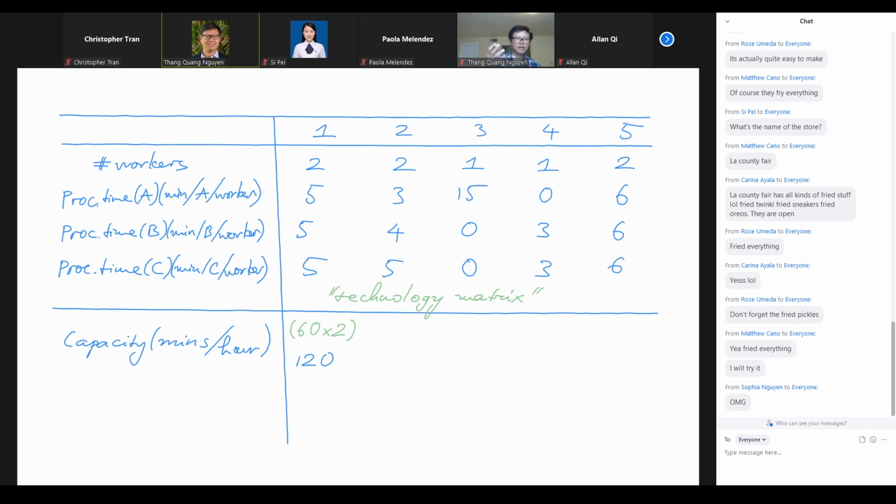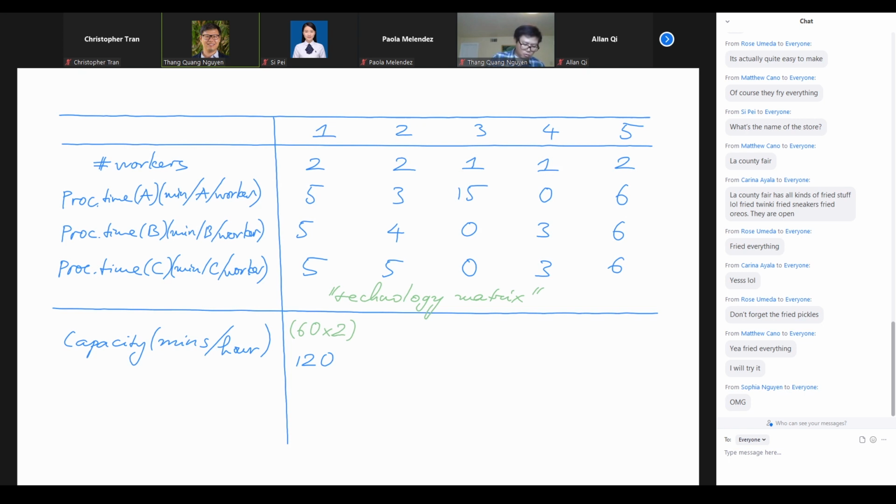They can dedicate, they can contribute 120 minutes of work to the restaurant cooking process. So that's the meaning of this, right? We are not counting how many minutes in 1 hour. We talk about minutes of work in 1 hour here.